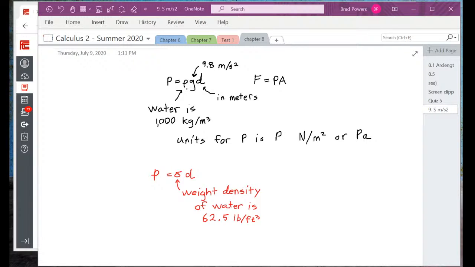And so when we're talking about this, let's say we wanted the pressure at the bottom of a glass of water, and there's water in there. Well, we would know the depth of the water. We would need to know what gravity is, and we need to know the density of water. And so, this would be the force, and then this is the depth, and that gives us the pressure.